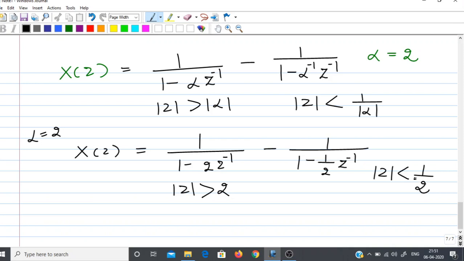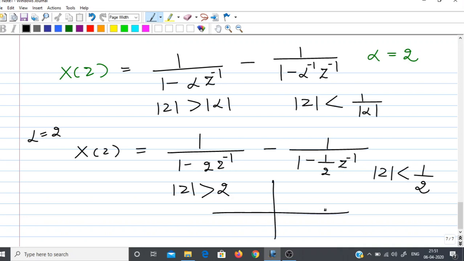What would be the ROC of X(z)? We have to check whether there is some common region where both the parts converge together. This part converges for mod z greater than 2 and this part converges for mod z less than half. So in this case we don't have any region where both are converging together.